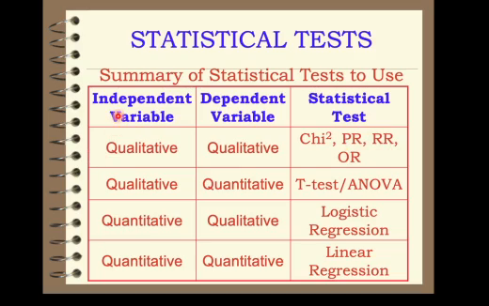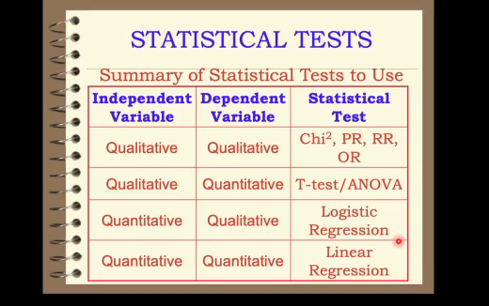Now, if both the independent and the dependent variables are quantitative, then linear regression is used. Now, if the independent variable is qualitative, the dependent is quantitative, then t-test or ANOVA can be used. And then if the independent is quantitative and the dependent is qualitative, then logistic regression is used.